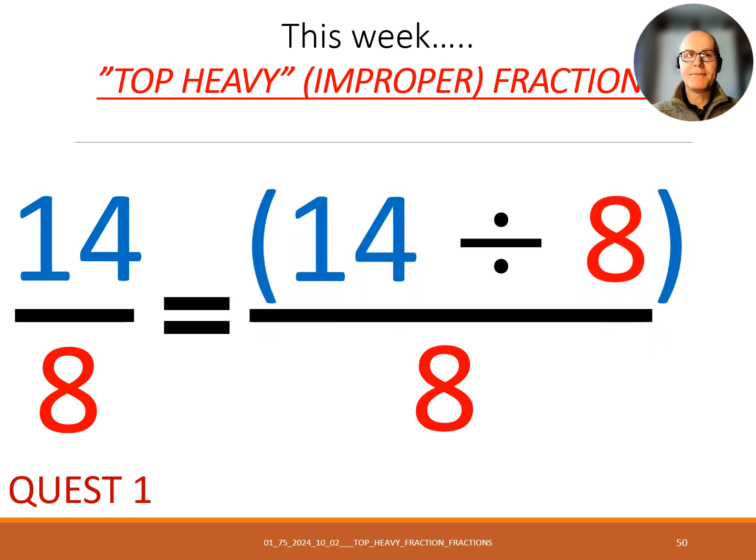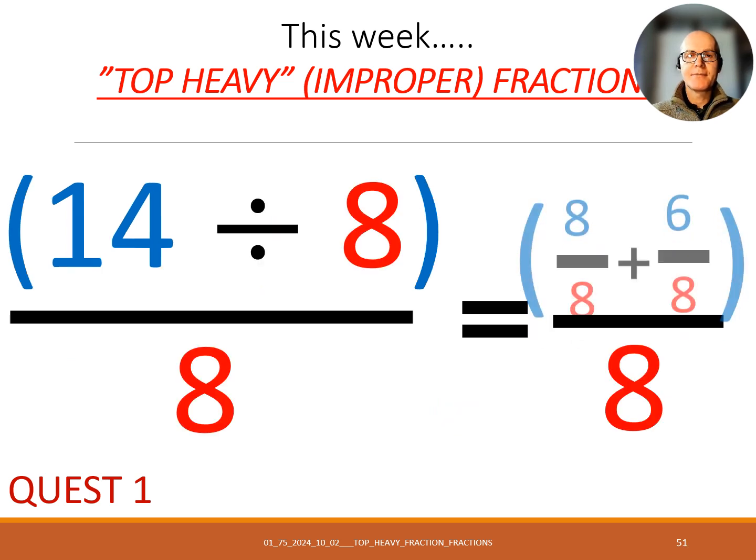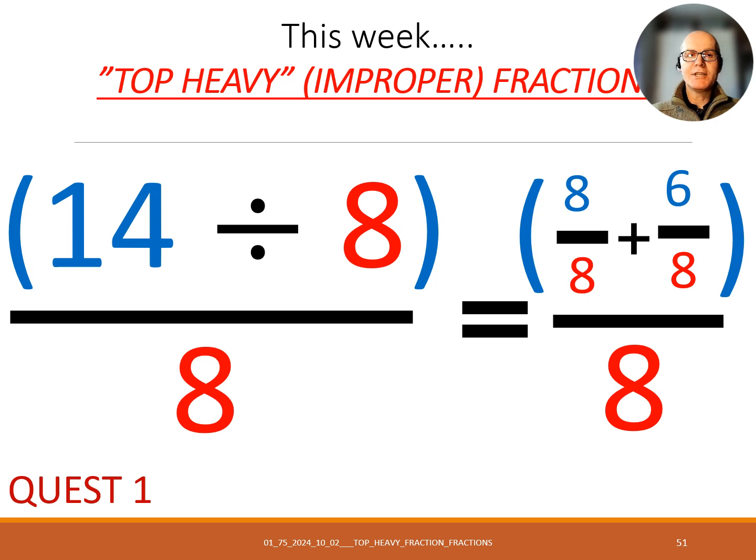How do we simplify it? We can't leave 14 over 8 as is. So, how many 8s go into 14? That's the first question you have to ask. 8 goes into 14 once. One whole lot of 8, 8/8.